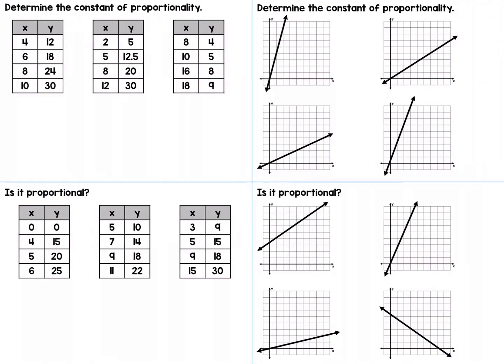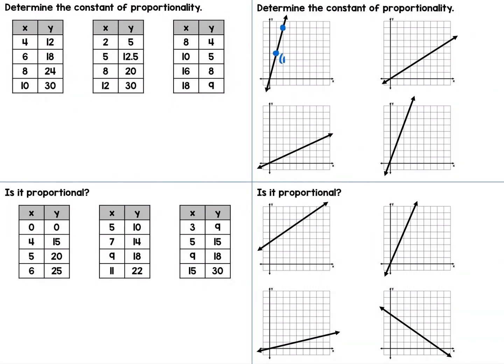So let's open up our foldable. On this first section, we're going to determine the constant of proportionality. This one is going through the origin, so that's good. Now we have to find the ordered pair that it crosses, which is right here or right here. Either one of those ordered pairs would be fine.